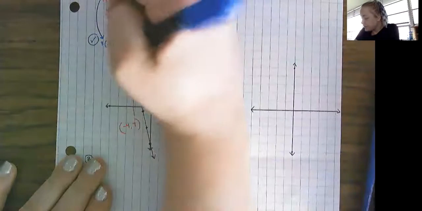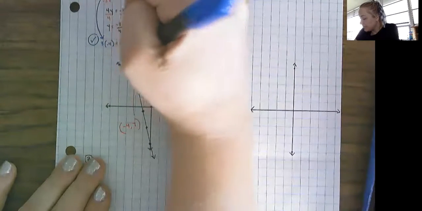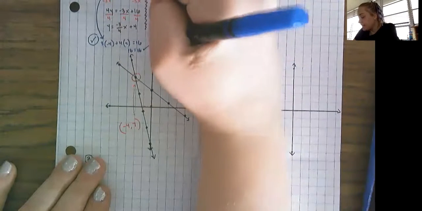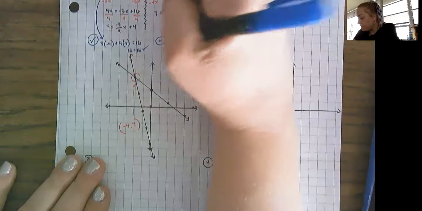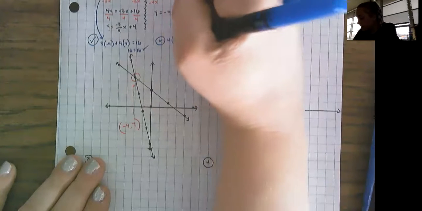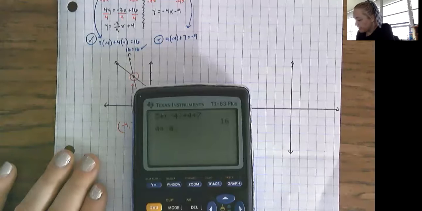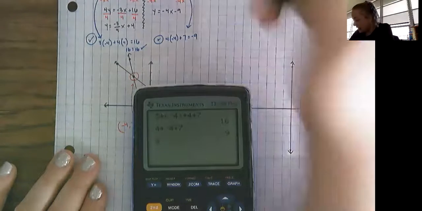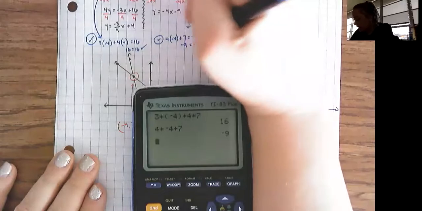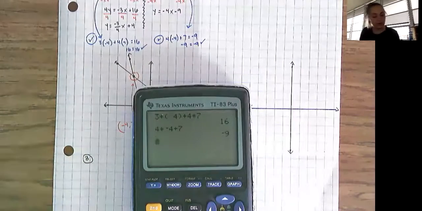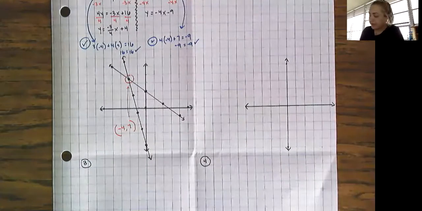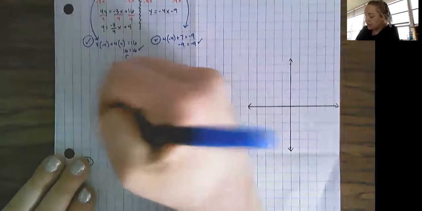So this is true. 16 on the left, 16 on the right. That's a true statement. I'm going to check the other one over here. And for this one, I've got 4 times -4 plus 7 equals -9. And I need to check that. So 4 times -4 plus 7, and I get -9 equals -9. That's a true statement. So both of them work correctly. I get check marks for each of them, and this is the actual solution. So I can box off or star my answer right there.